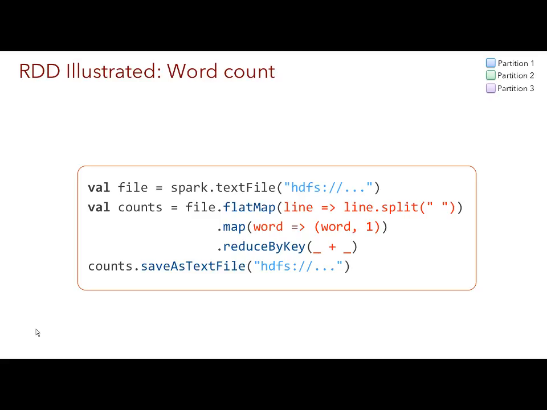And then we know that with word count, all you do is reduce all the same words so that you send them all to the same reducer, and then you add up the counts. In this case, we're adding up the 1s, so we're reducing by key. And Spark builds that in very nicely with this Scala function. Finally, the output, which is our word counts, we save out to HDFS.